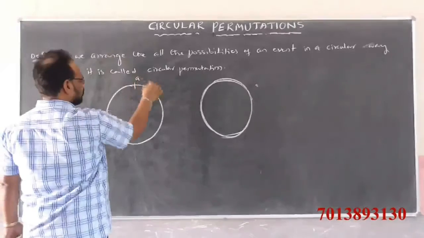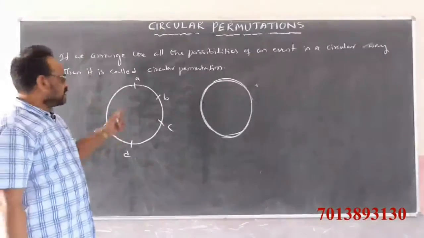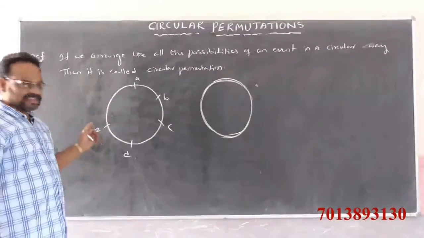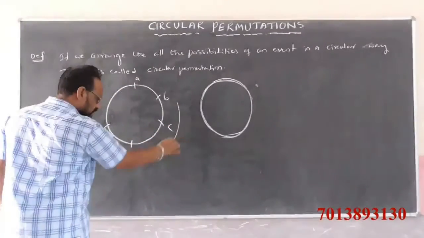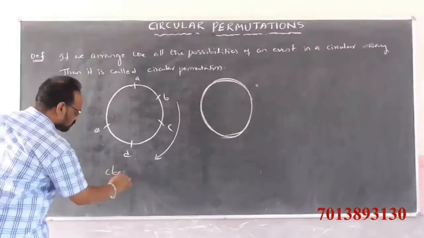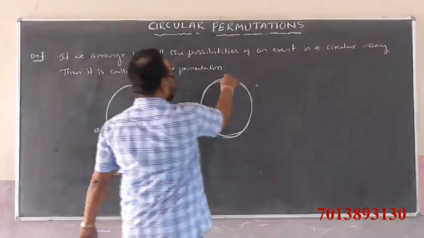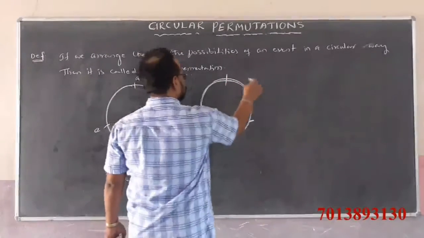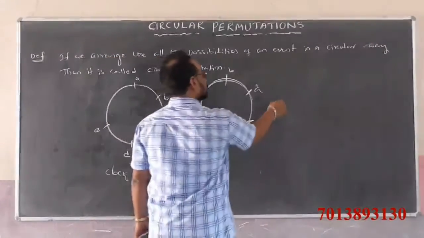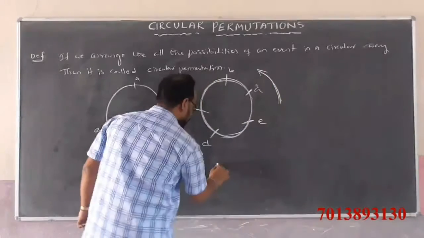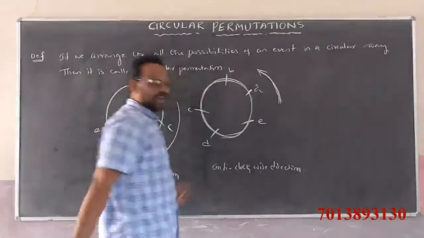If you arrange these A, B, C, D, E in the form of a circle, this way is called clockwise direction, or this is anti-clockwise direction.